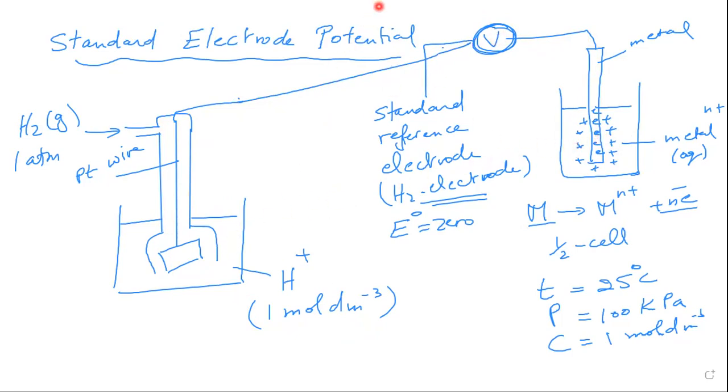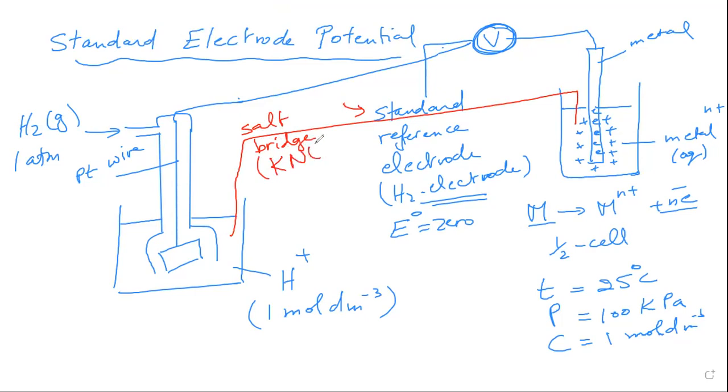That's why we have to connect these two solutions together using what we call a salt bridge. The salt bridge consists of a concentrated or saturated solution of potassium nitrate.